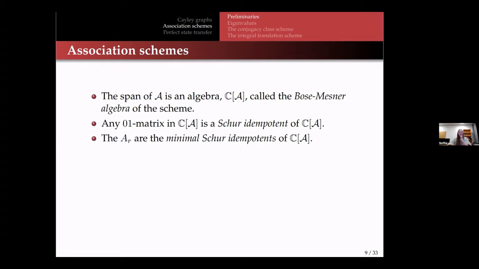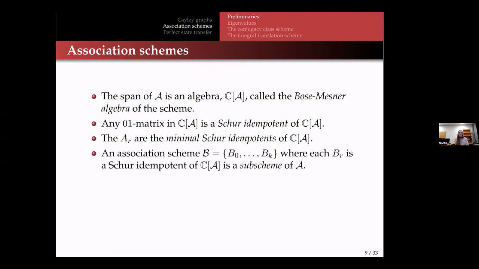And then in particular, these matrices that we defined the scheme with, AR, are the minimal Schur idempotents in the Bose-Mesner algebra. And any Schur idempotent is going to be a sum of some of those minimal Schur idempotents.